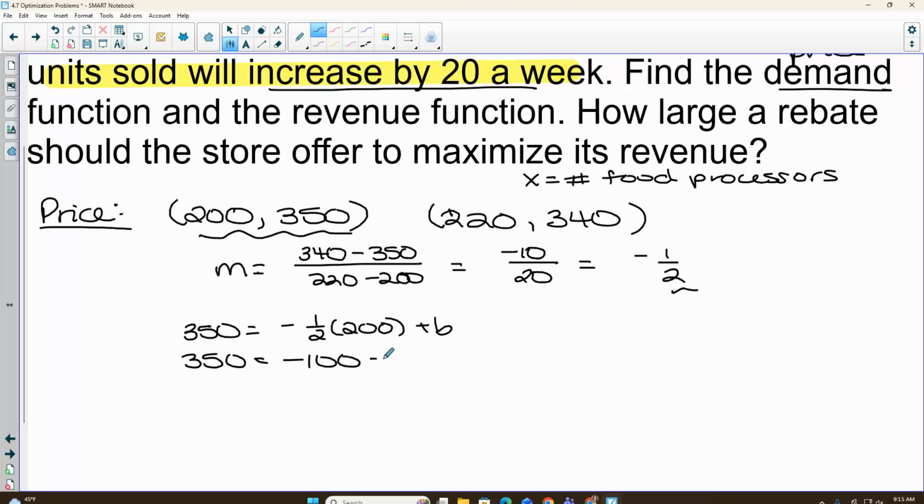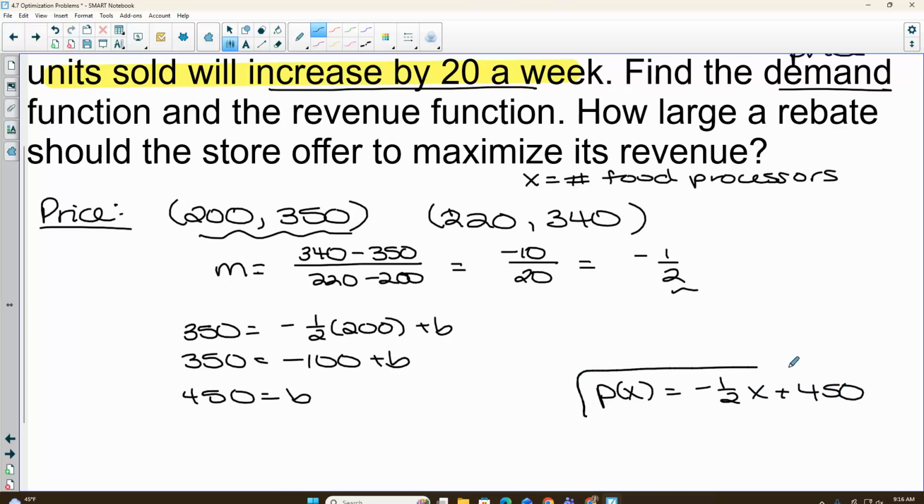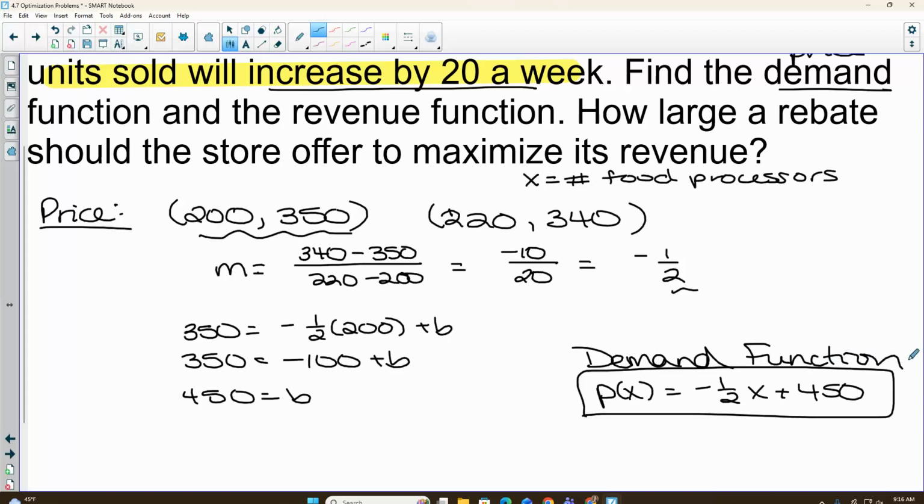Equals negative 100 plus b. So price, that's lowercase p, is negative 1/2 x plus 450. That's the price, or the demand function. You could call it either.